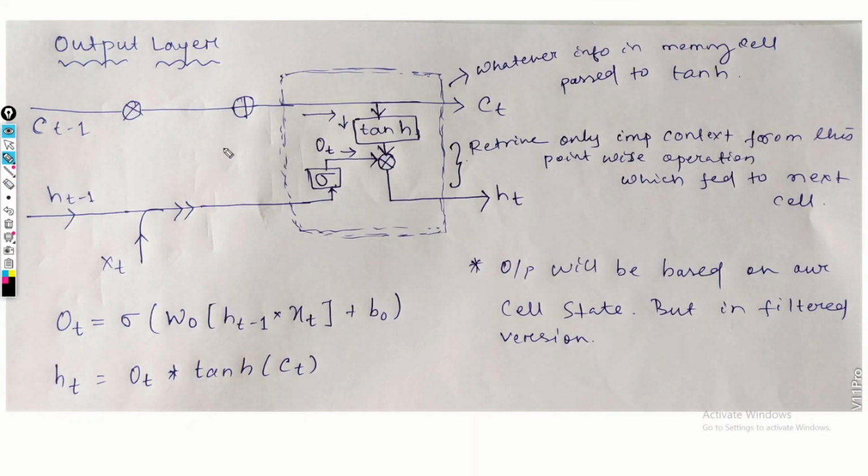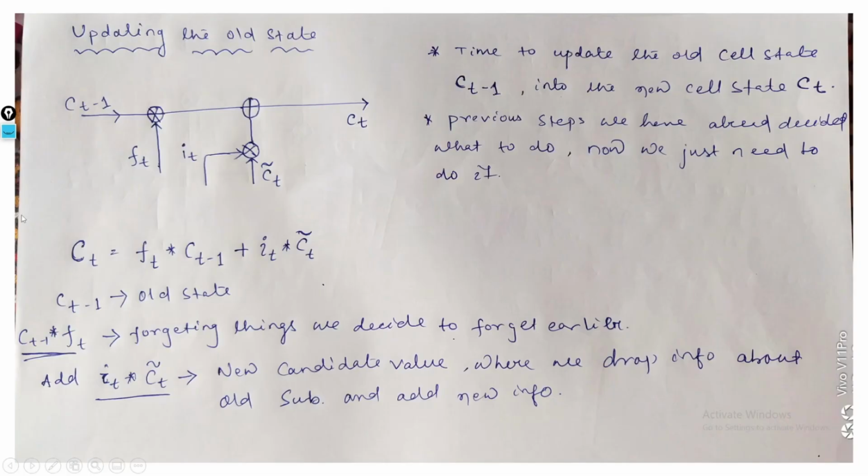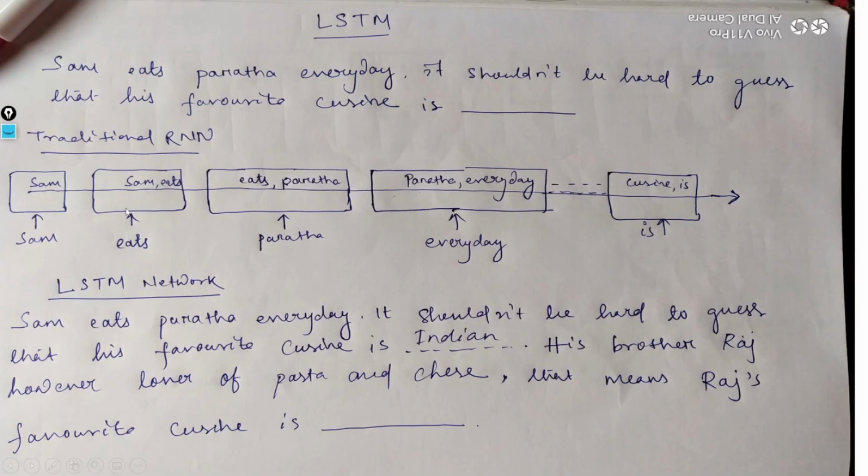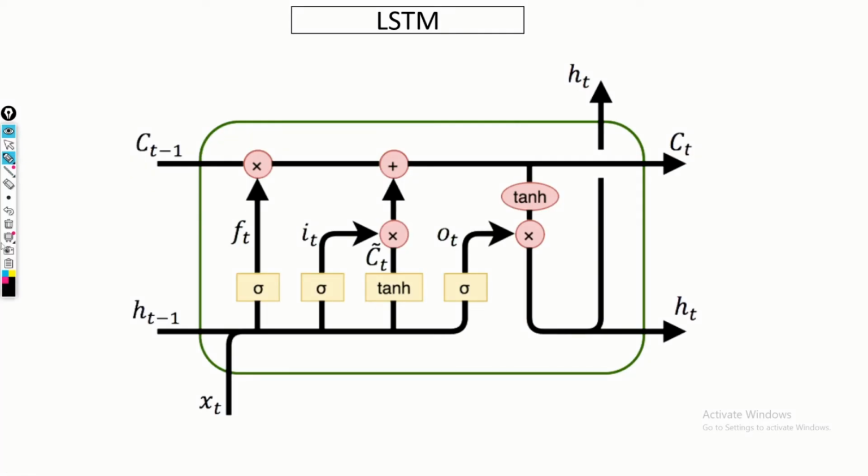This is nothing but the output layer. So what happens in the output layer? Let's see the architecture. We have understood this particular forget layer, then we understood this particular input layer.